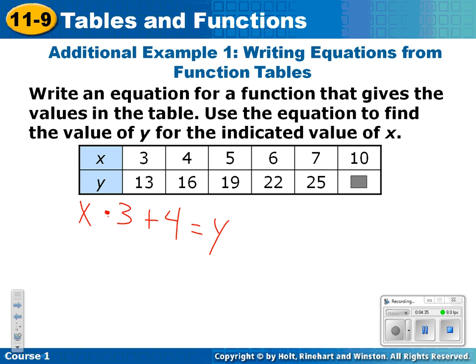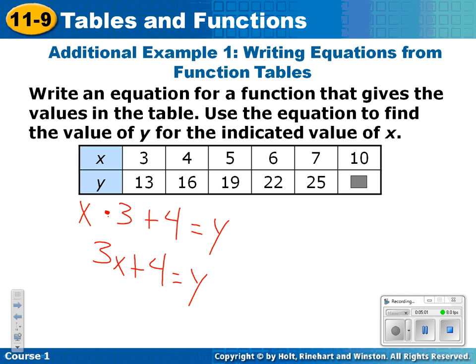See that? Because x and y are my variables. They can change. Now, right now, x times 3 is ugly. Let's make it pretty. What should we write? 3x. 3x plus 4 equals y.